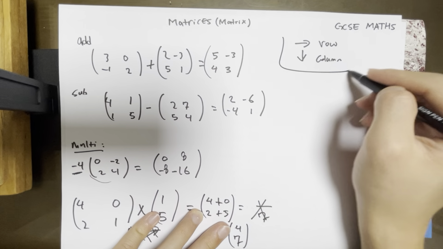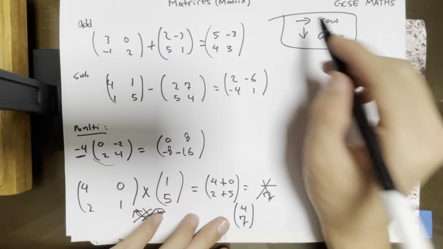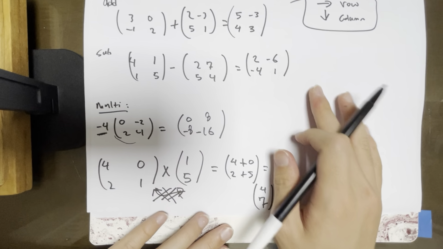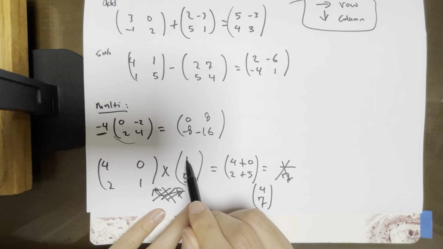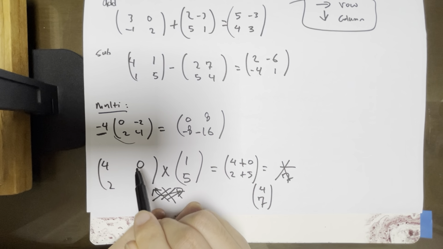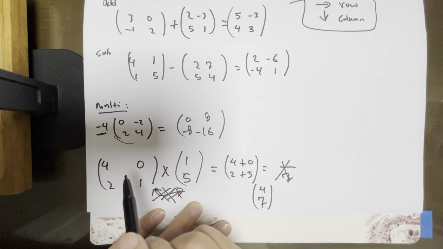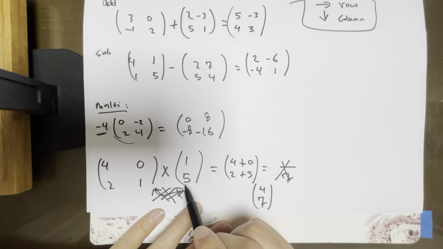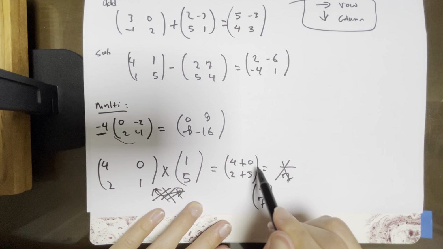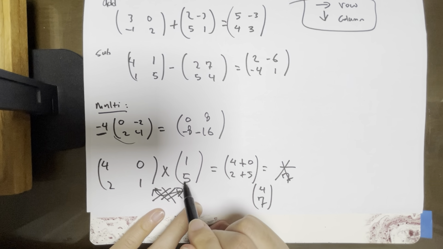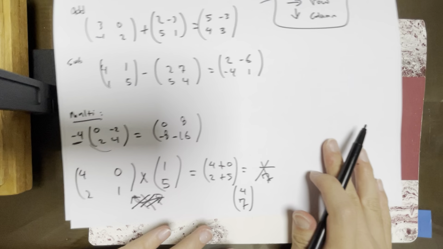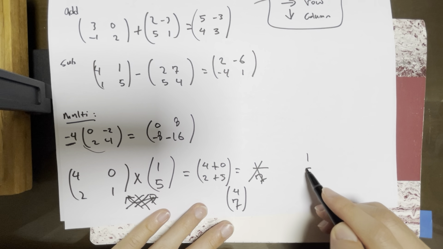Some of you guys know this, but I just get confused by this. Row is horizontal, columns are vertical. All right? So we start with the first row, 4 times the first number in the column, 4. The second number in the first row, 0, gets multiplied by the second number in the column. 0 by 5 gives us 0. Same way, 2 gets multiplied by the first one, 1 by the second one, and then you just add them together. Now, what happens if we flip the order around?